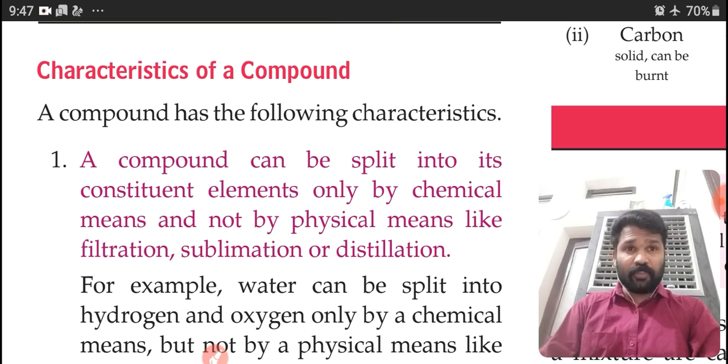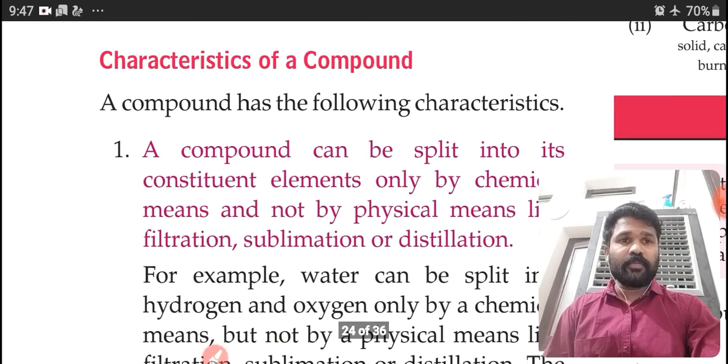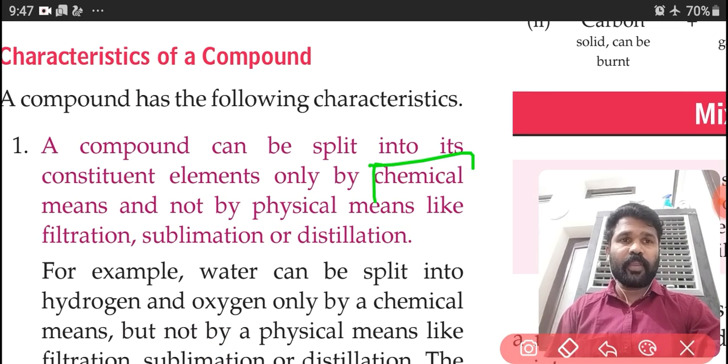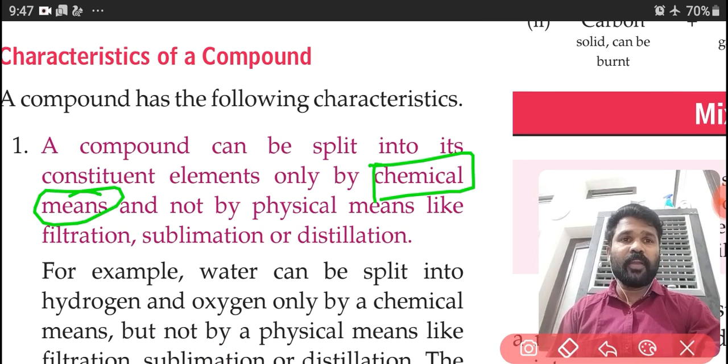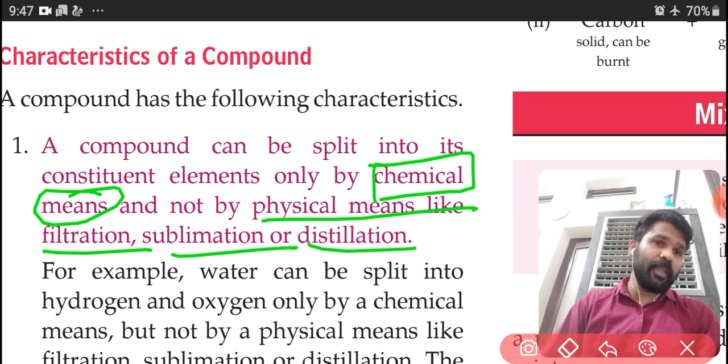It can be split only by chemical methods, not by physical methods.